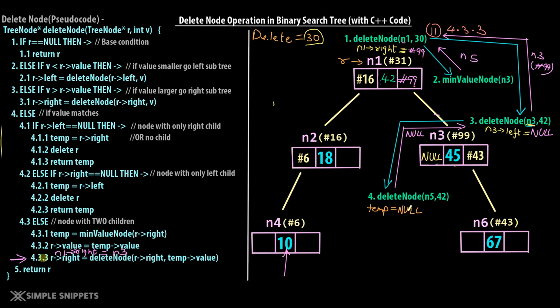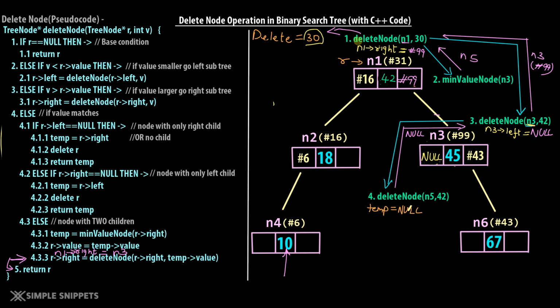And once 4.3.3 is done, you'll proceed with step 5, which is return R. R is going to be n1 inside the first delete node. The first delete node will resume its operation after 4.3.3. You'll go to step 5 and n1's address will be returned to the main function, because this was the very first delete node call.